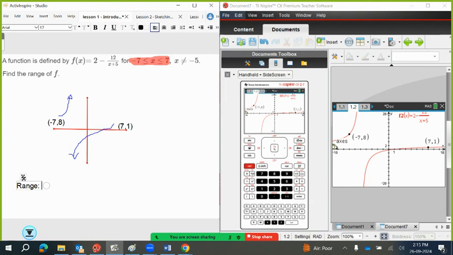Why is the intercept on there? Because the domain is from -7 to 7. So we need to know what those endpoints are so we can create our sketch.